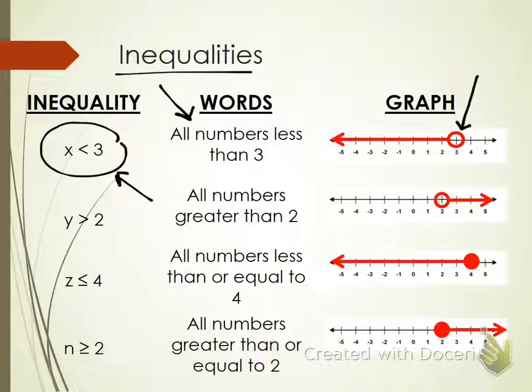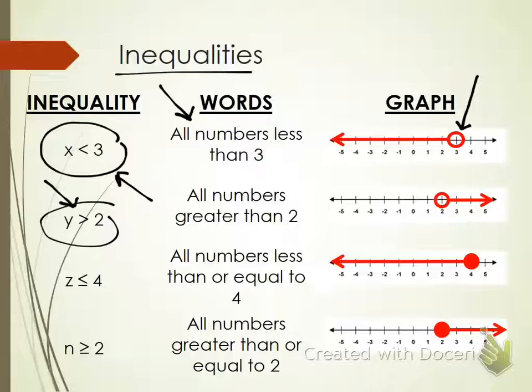Same thing goes with the next one. Now it is greater than 2. All numbers greater than 2, so again, it's an open dot on the 2, and the arrow is going right because all solutions are greater than 2.